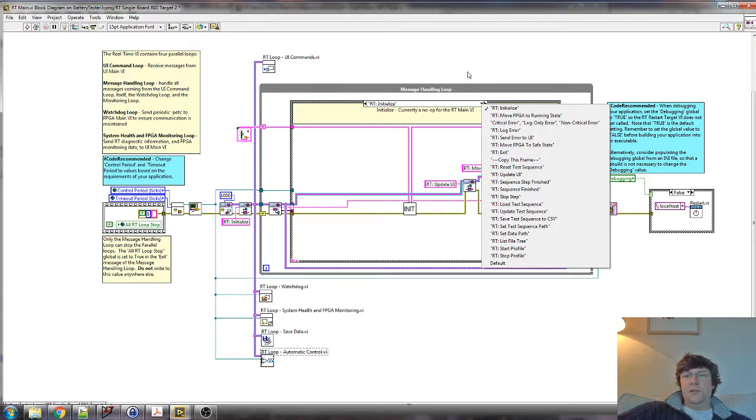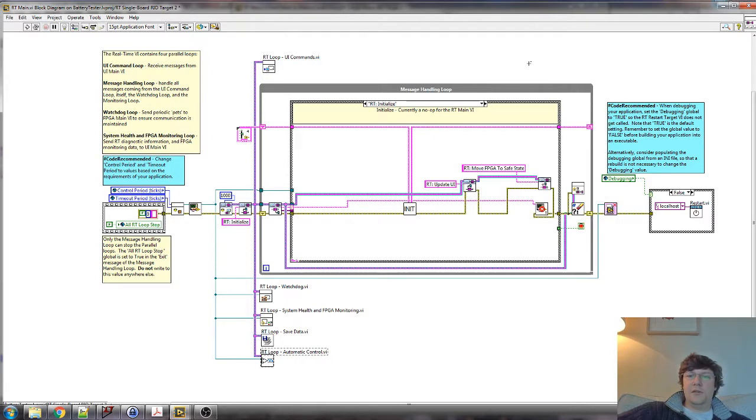It's nice to know who's sending messages where and what's caused them. And if you can look at the name of the message and see that, it helps. This is boilerplate LabVIEW code which uses the network streams to send the messages back and forth.